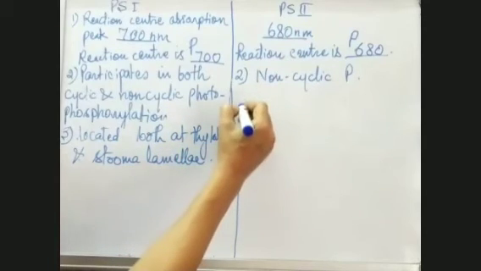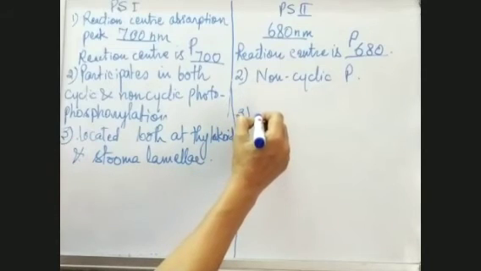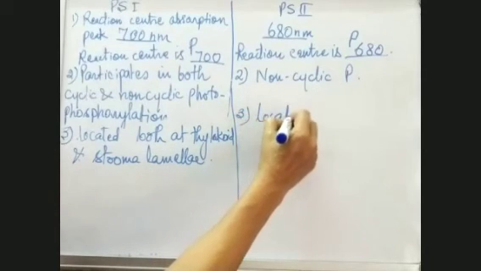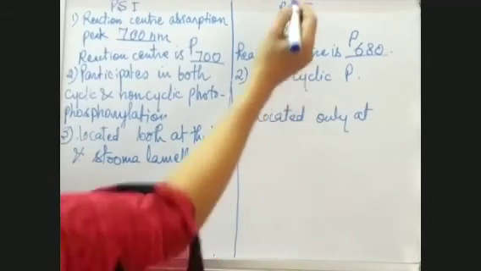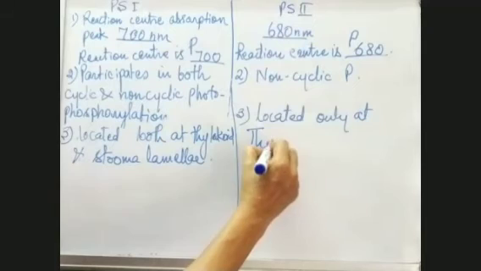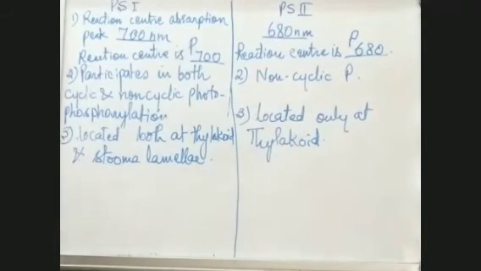And where is this located? Located only at thylakoid, PS2, because PS2 participates only in non-cyclic. So it is located there.